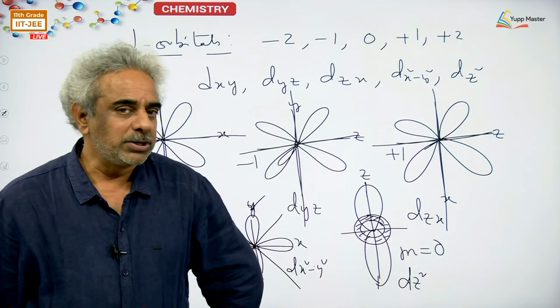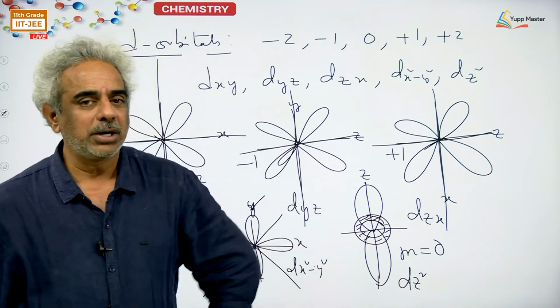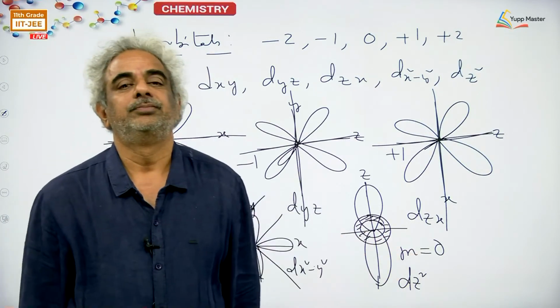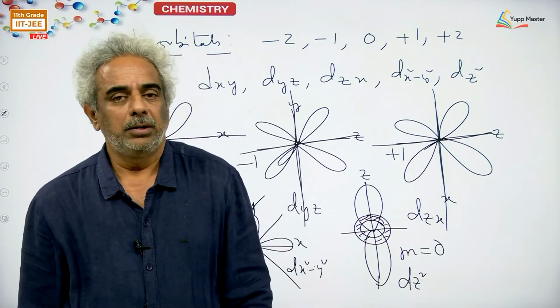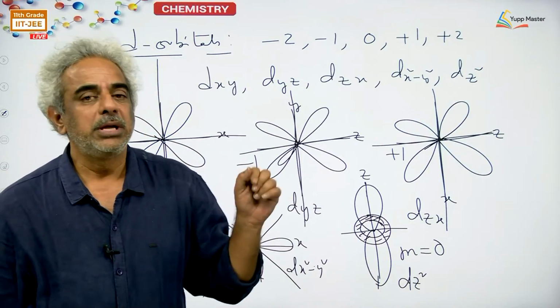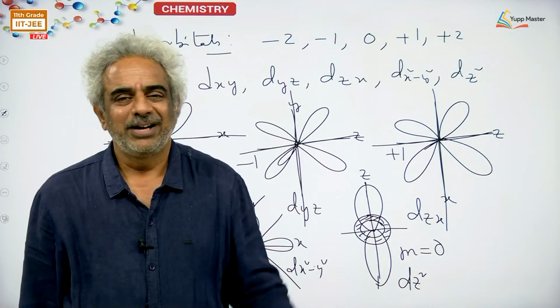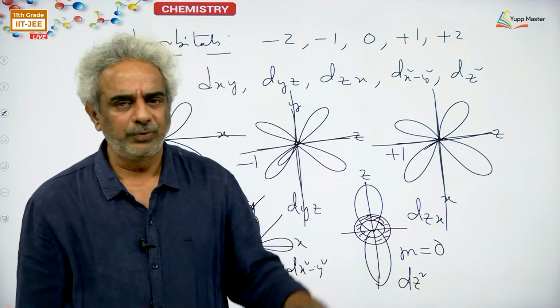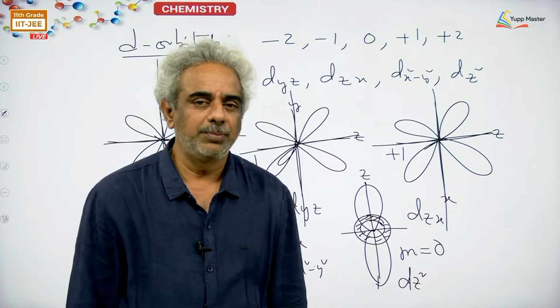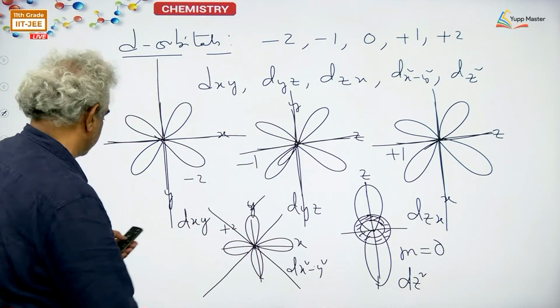So s orbitals do not contain nodal planes, dz square does not contain any nodal plane, and each p orbital contains 1 nodal plane, each d orbital contains 2 nodal planes, and f will contain still more. We do not go into complicated shapes of f orbitals. We will still understand something about these orbitals.